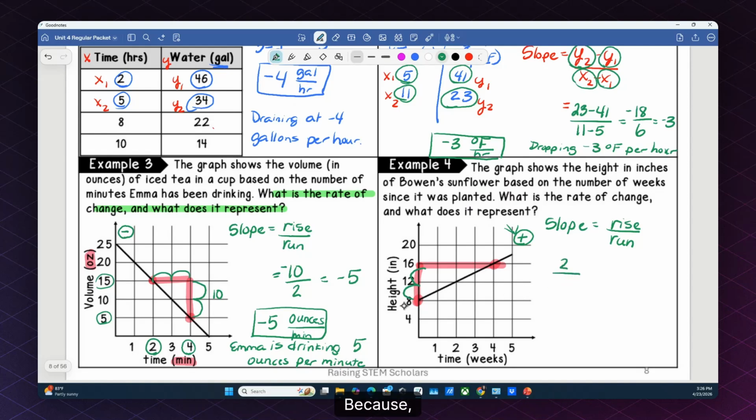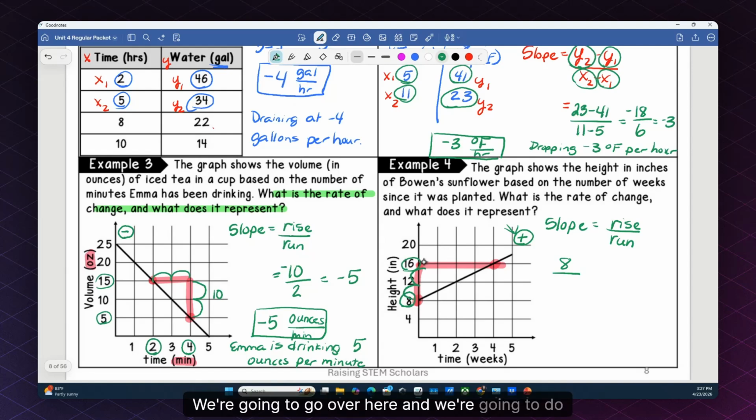Why? Because look, we're going from 8 to 16. The value of those 2 hops is actually 8. We had to read the labels, right? The 2 hops was actually a value of 8.